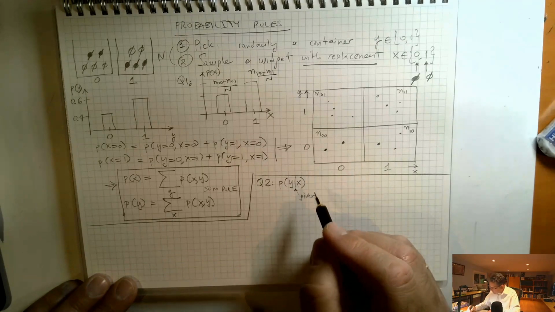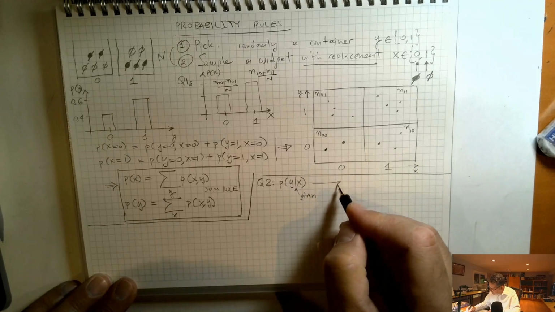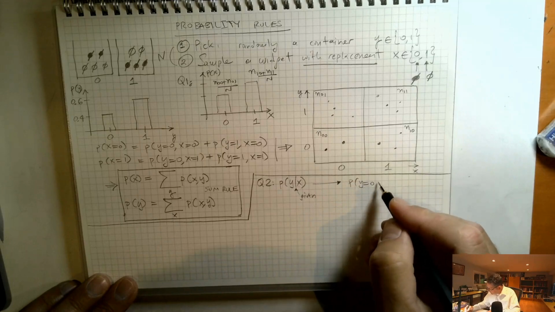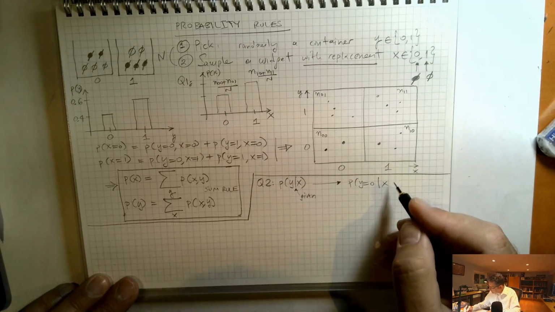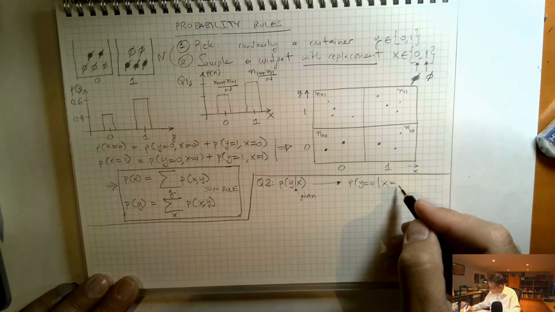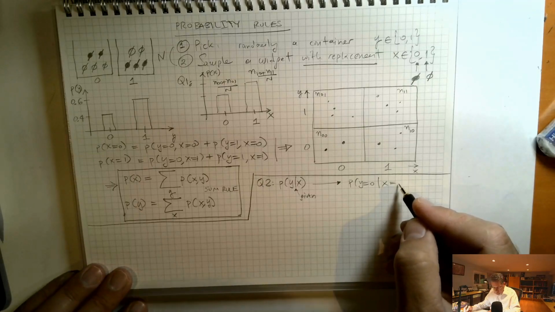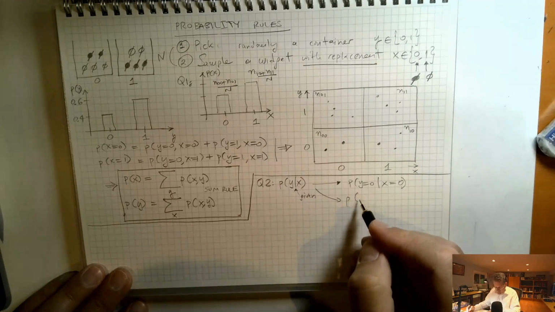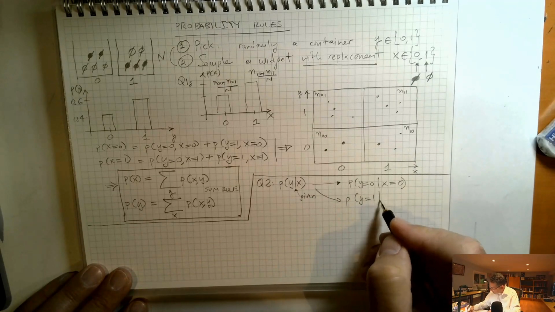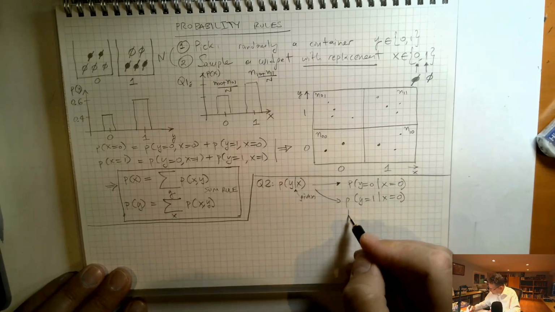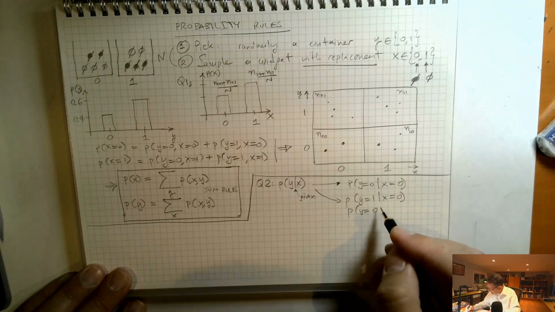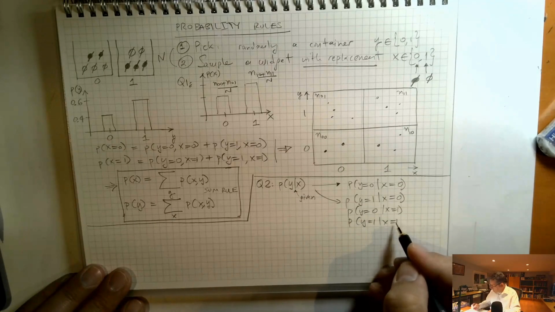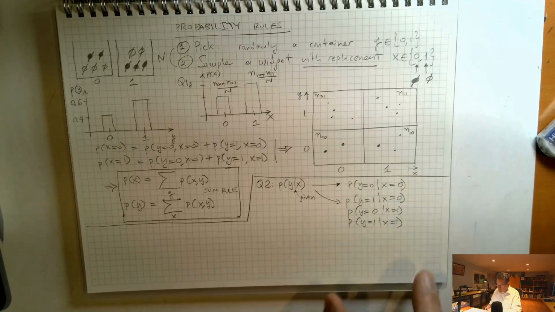The first possibility, and let me write these possibilities down on the right side, is when the 0th container is selected, given that I had seen a black widget. The second possibility is container 1 was selected given that I have seen a black widget. And the same for the white widget. Okay, so these are all the four possibilities I have in this problem.